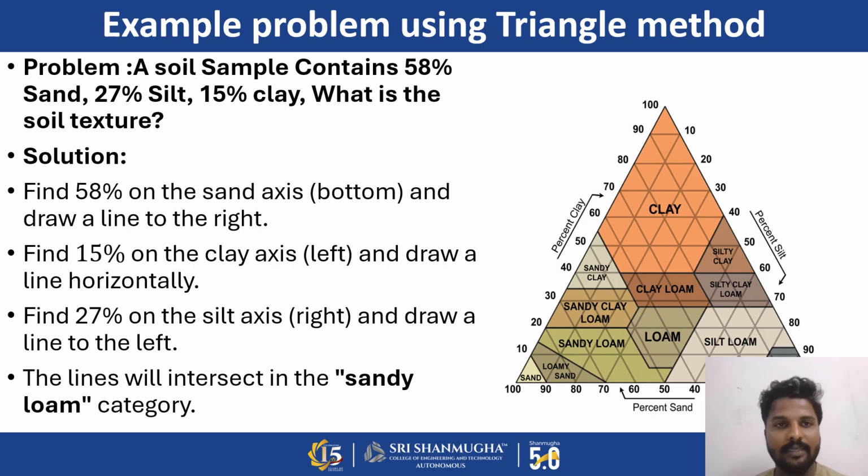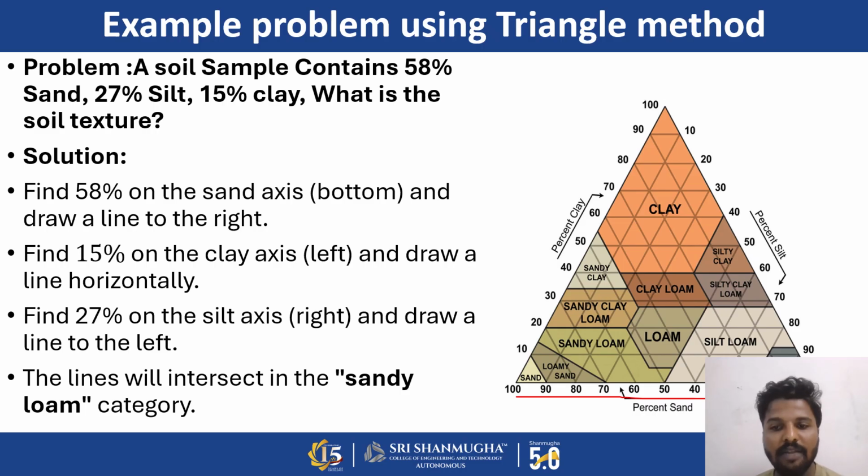Yes, this slide is the step-by-step application of the soil texture triangle. First we have to find 58 percent on the sand axis, that is at the bottom. I will mark that. You can see this is the sand axis at the bottom of the triangle.